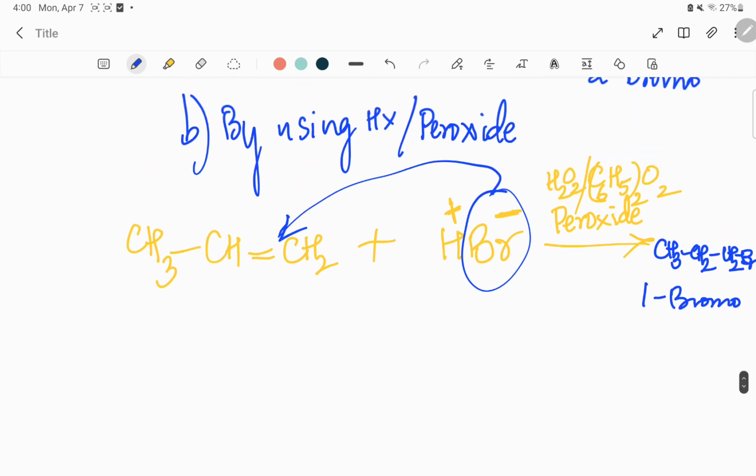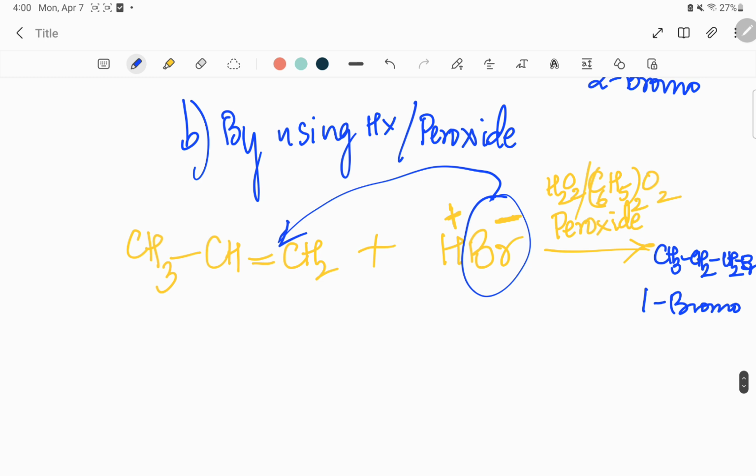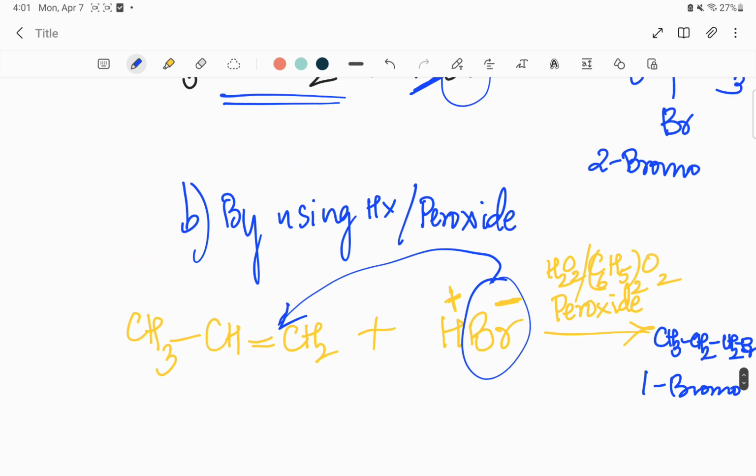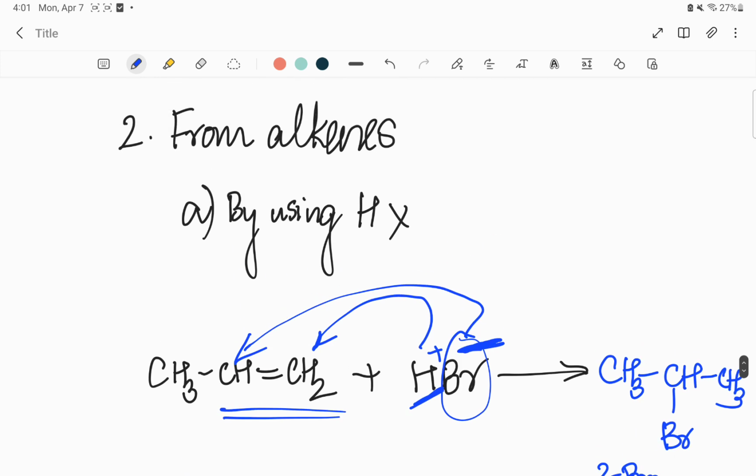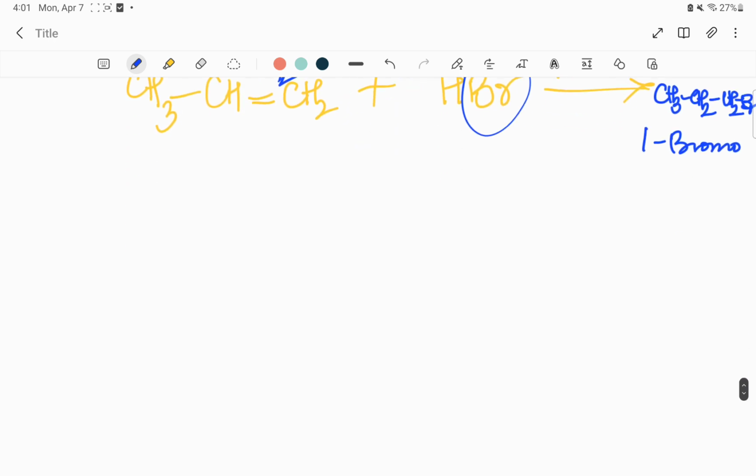That is the difference. So this is known as anti-Markovnikov's rule. And again, one more thing which is important is that this is applicable only to HBr. You cannot use HI or HCl when you talk about anti-Markovnikov's rule. But Markovnikov's rule is applicable for all the hydrogen halides.